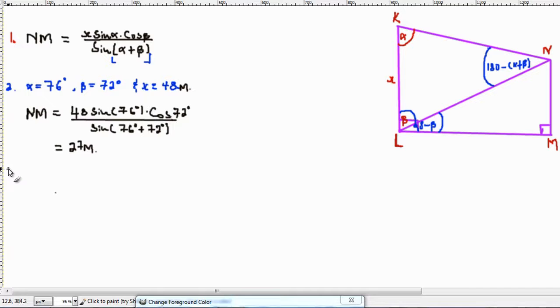Now the last question is the area. We have to find the area of triangle KLN. We are given that LN is 88 meters. So we have NM as 27, this length here, and we also have the length LN, which is 88 meters.